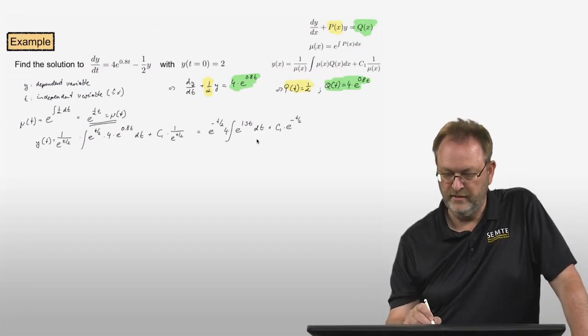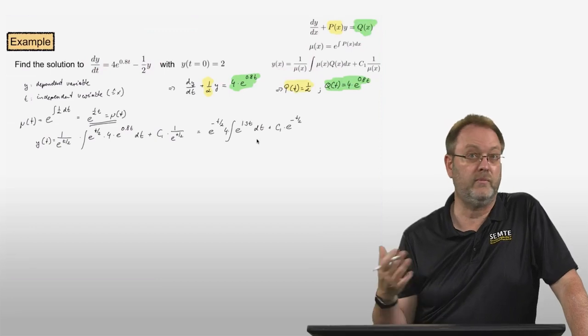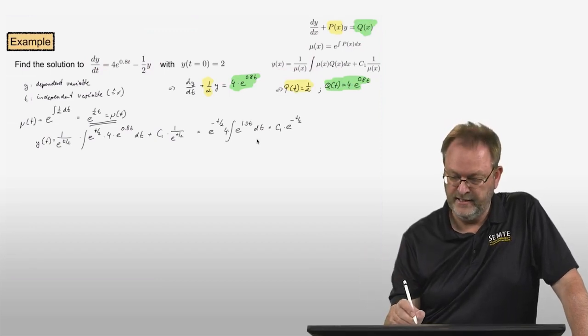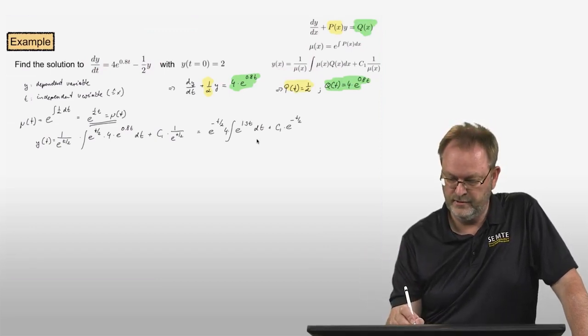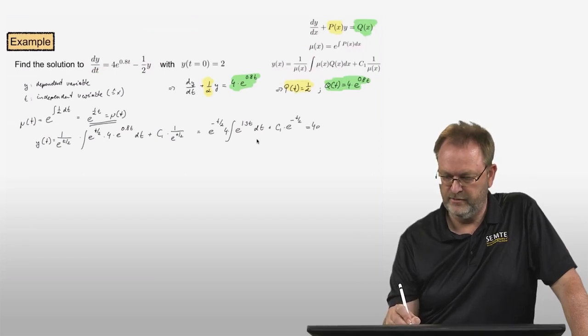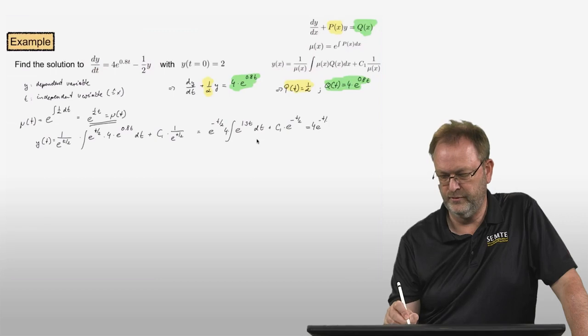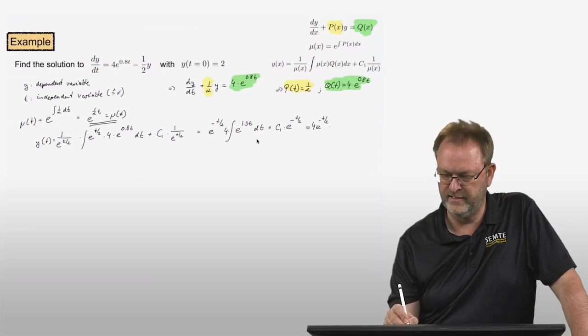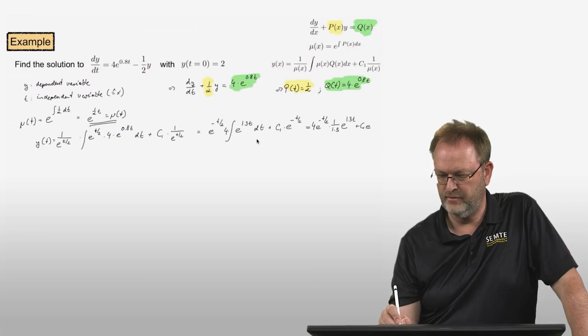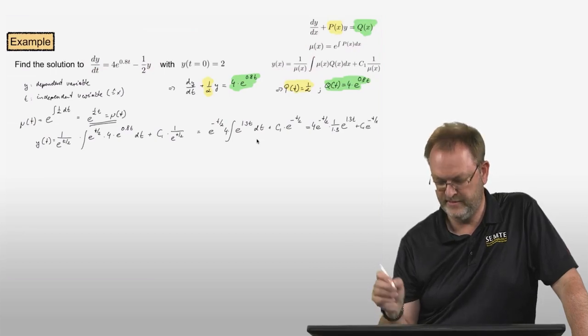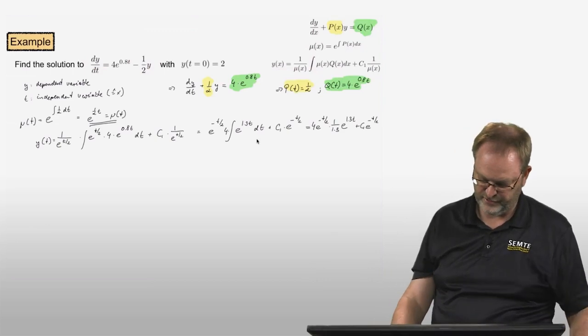Okay, so now the integral of e to the power 1.3 t dt is equal to, so first of all we have 4 e to the power minus t over 2, and then this integral is 1 divided by 1.3 times e to the power 1.3 t, right? And then plus c1 times e to the power minus t divided by 2.